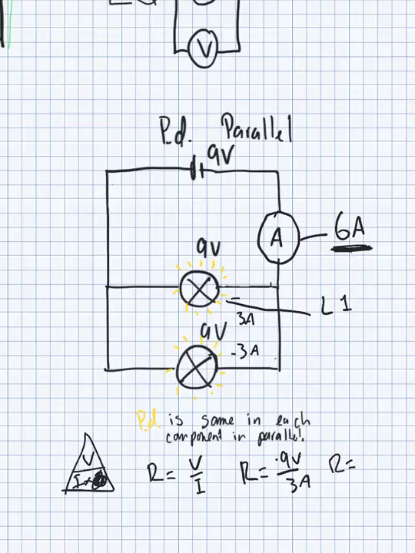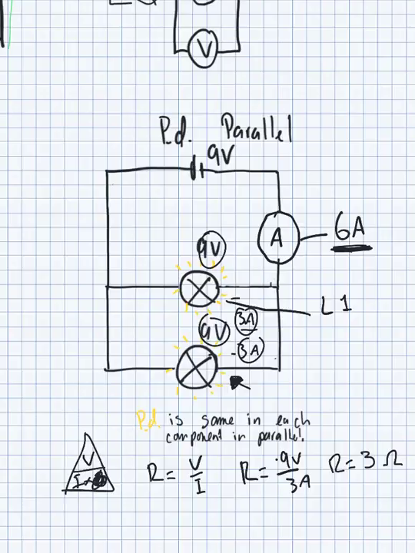So R equals 3 ohms. So the resistance in this lamp is 3 ohms. Then we can assume, because this is 3 amps and this is 3 amps and this is 9 volts and this is 9 volts, that both lamps have a resistance of 3 ohms.